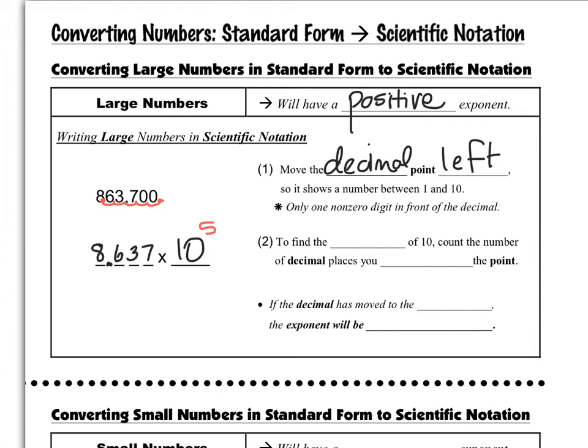So remember, to find the power of 10, you count the number of decimal places you move the point. So I move the decimal point 5 times, so that gives me a power of 5. Remember, the decimal point has moved to the left. The exponent will be positive.